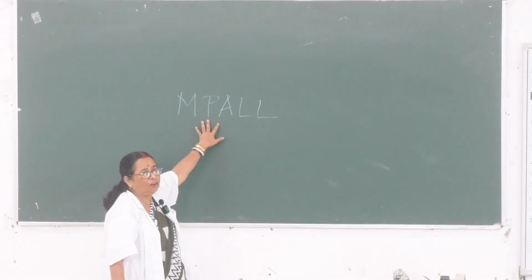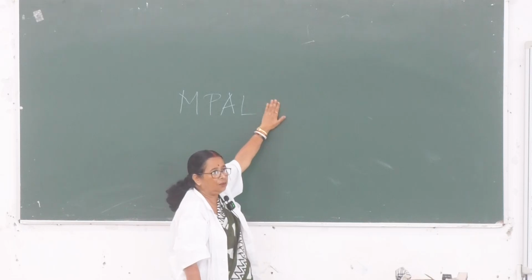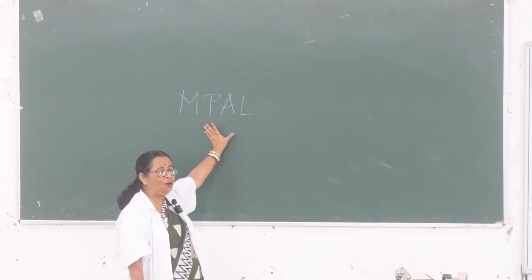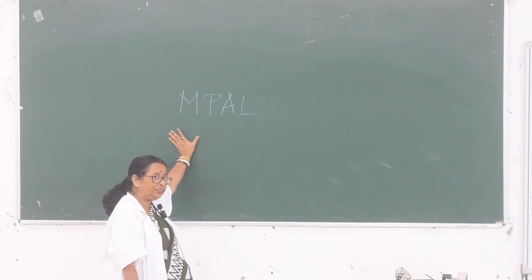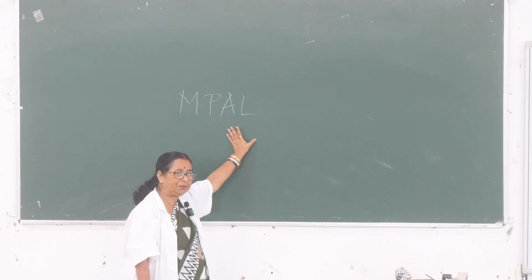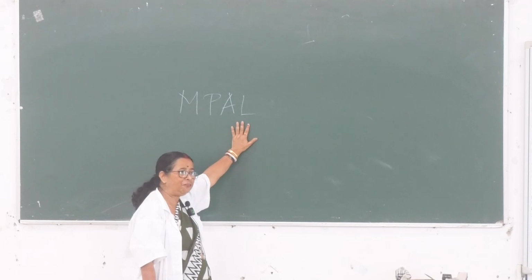Mixed phenotypic acute leukemia is AML plus lymphoid, or AML of one cytogenetic abnormality mixed with another type of cytogenetic abnormality. Clear? It is again for bad prognosis.